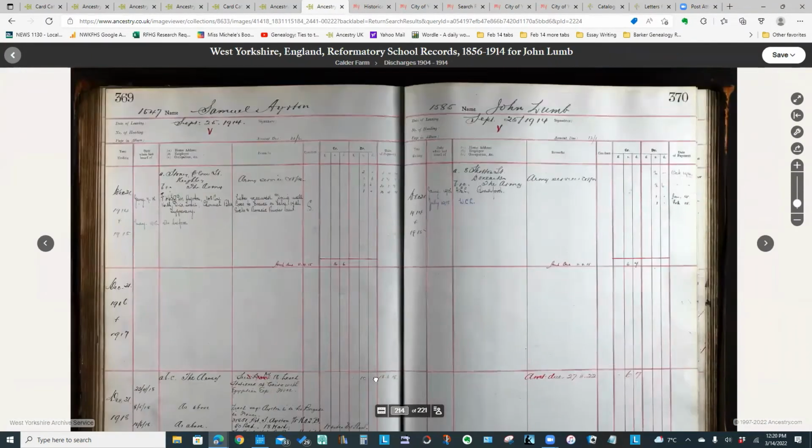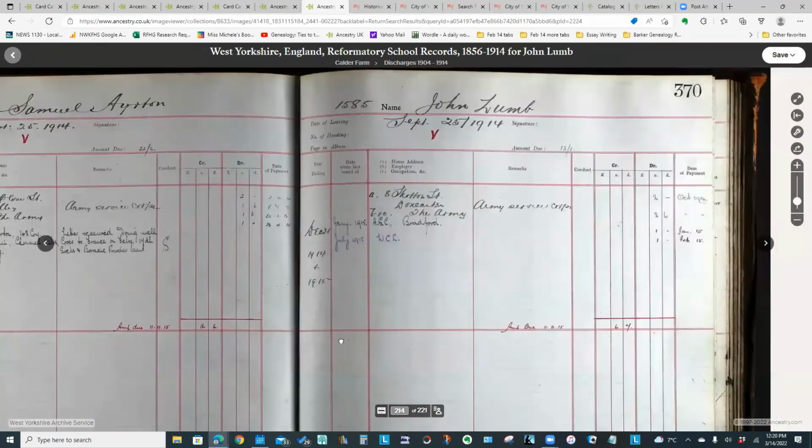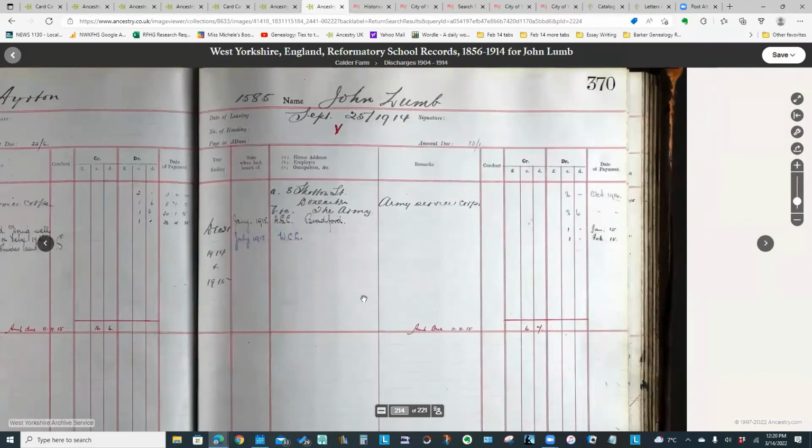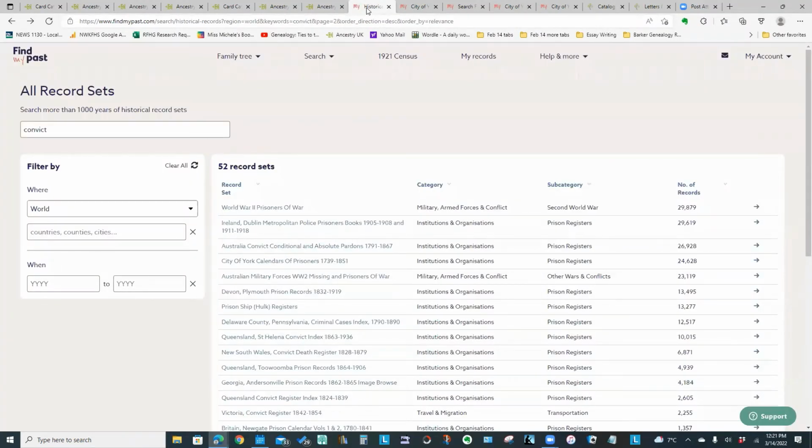If you pull up the reform school discharge records, this right-hand page is for that same John Lum. It is now 1914. This is showing he was discharged because he joined the army. So that was on Ancestry.